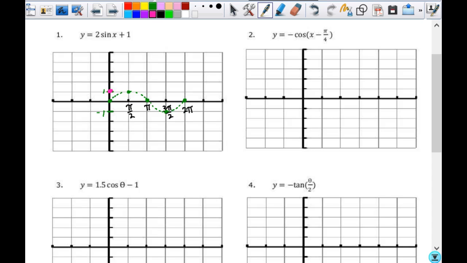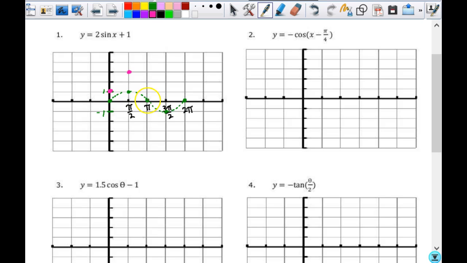Does that make sense? This point right here, I'm not going left or right at all, compression-wise or translation-wise. But this is at 1. The y value gets multiplied by 2, so it becomes 2 instead of 1. And then I also add 1, so I end up right here at 3. That make sense to you?